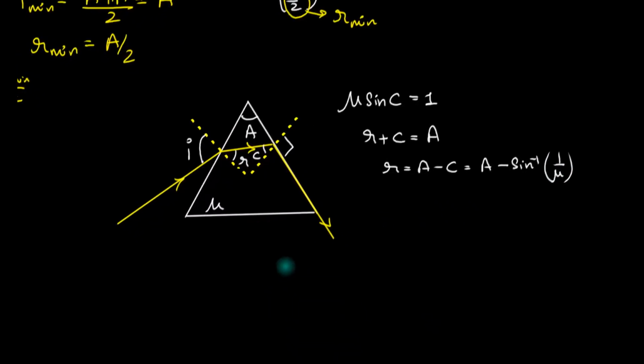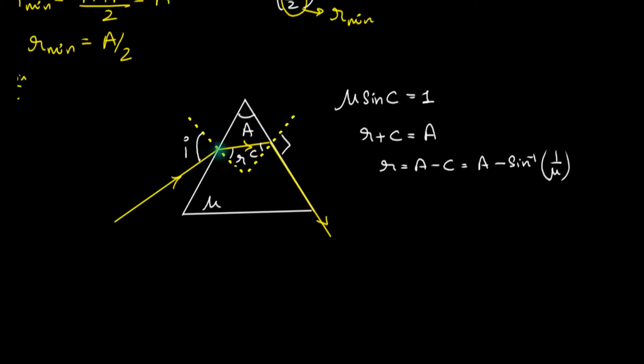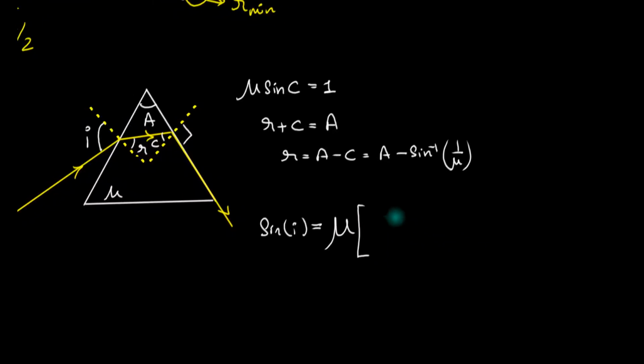Okay, now let's use the laws of refraction at this surface, and we will get 1 times sine I equals mu times sine of this angle. But sine of this angle, we have to do sine of A minus B. So I'm using the sine of A minus B formula.